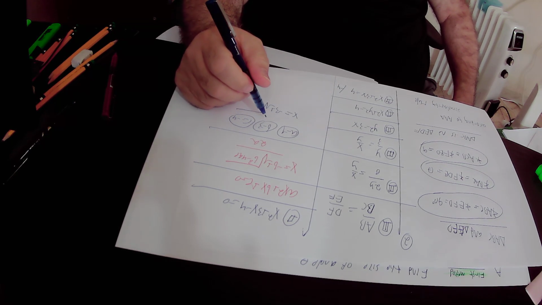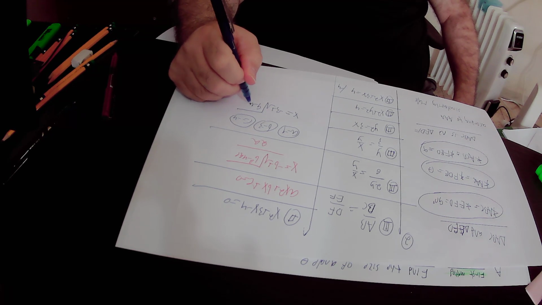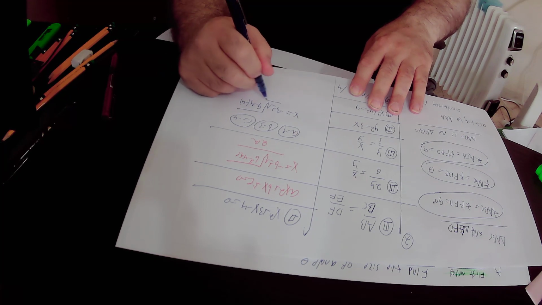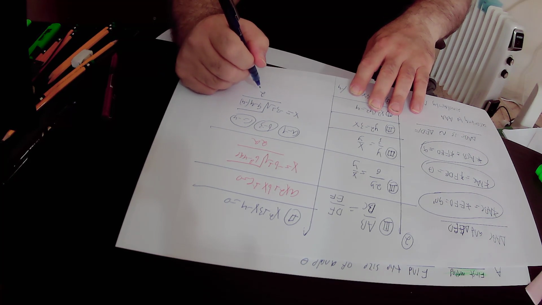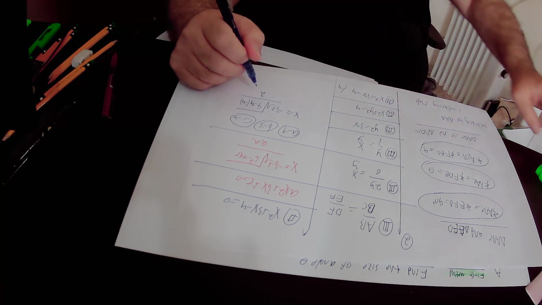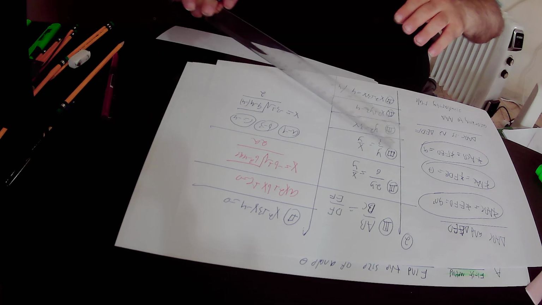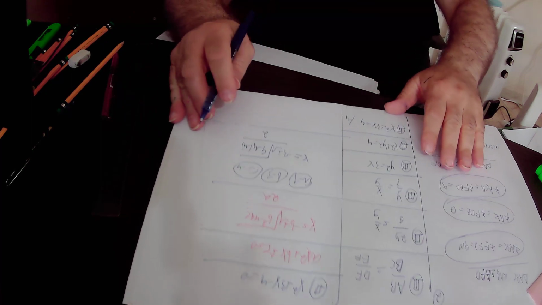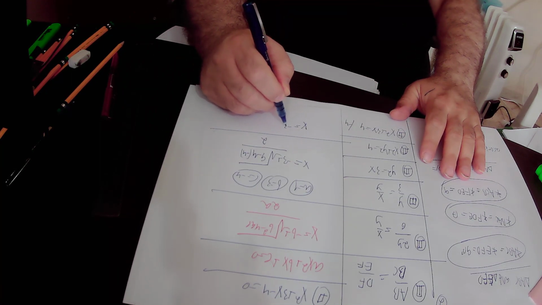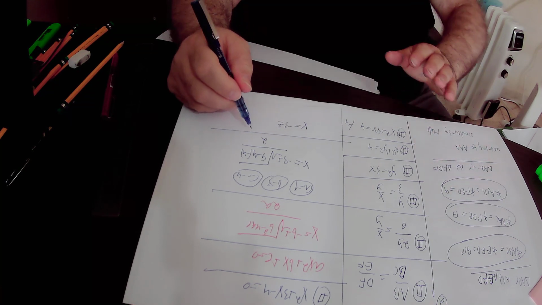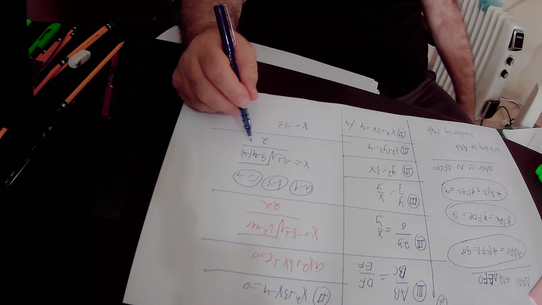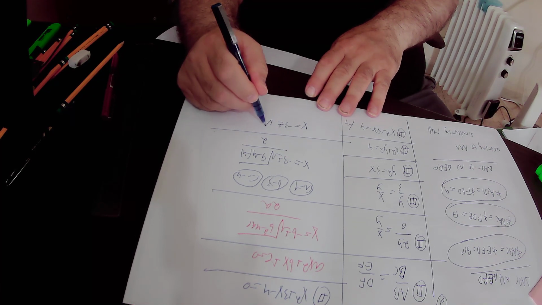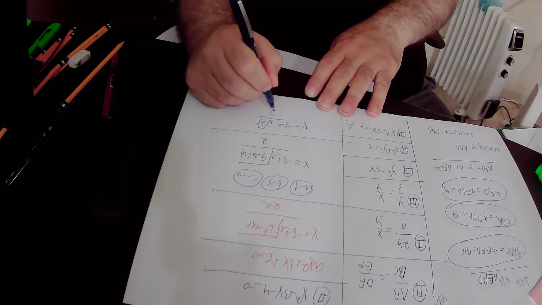B equals 3, so b squared is 9, minus 4 times a, which is 1, times c, which is minus 4, over 2a. 2 times a is 1, so 2 times 1 is 2. So in conclusion, x equals minus 3 plus or minus, here minus 4 times minus 4 is plus 16, 16 plus 9 is 25, so inside the root we have 25, over 2.